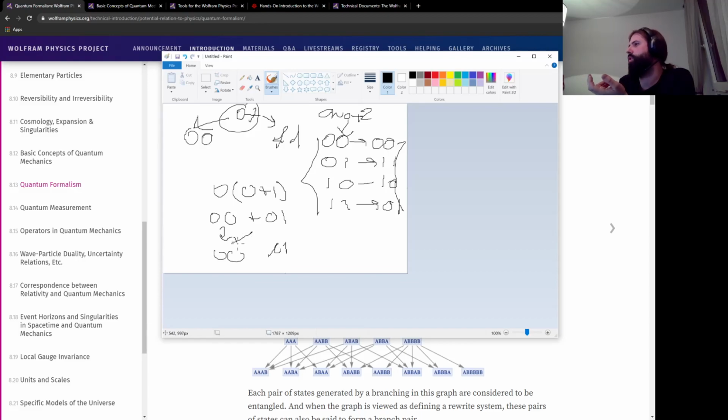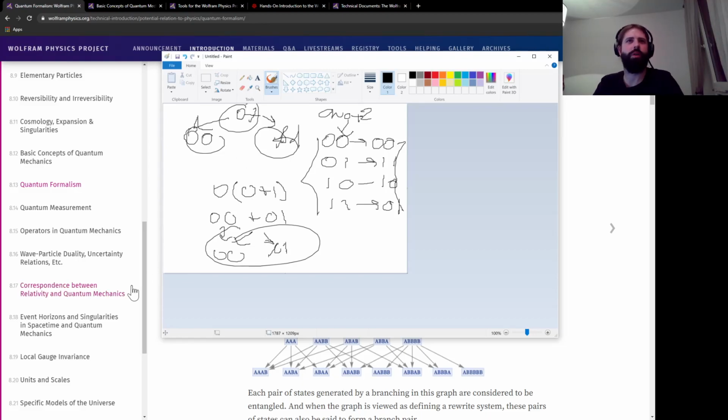But they're not two separate states. They're still one state. So these would still be in this multi-way stuff. I'm getting a bit confused. This should be separate nodes in the multiway graph, but I can't really see it.